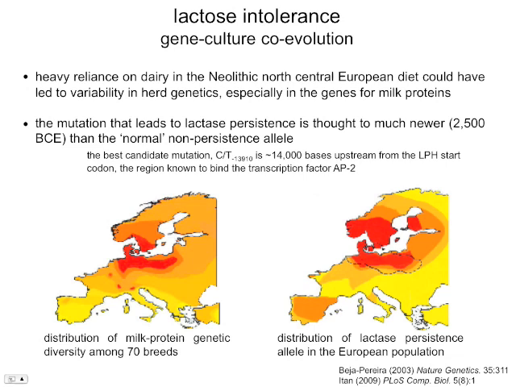Let's look at their maps and then we'll come back to the point. On the left we see the distribution of genetic diversity among 70 cattle breeds. These scientists genetically screened many cattle all across Europe and looked for the highest degree of genetic diversity in that population.